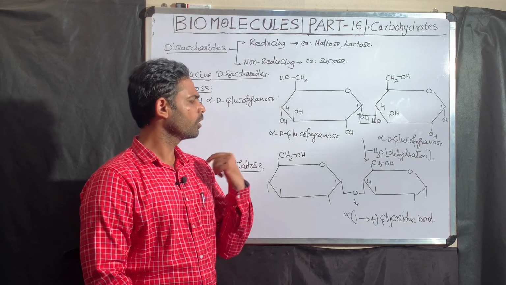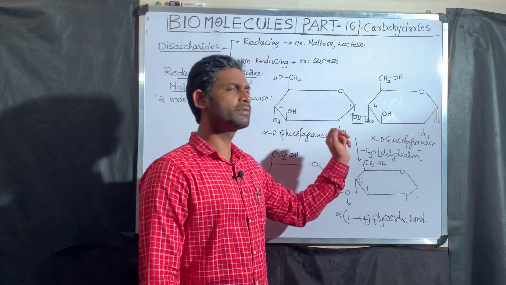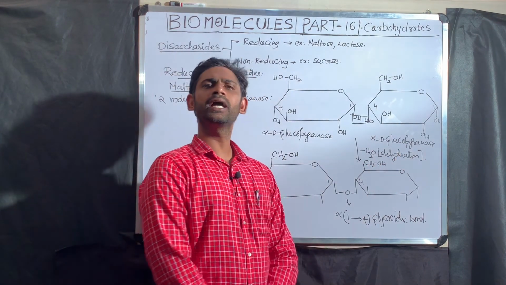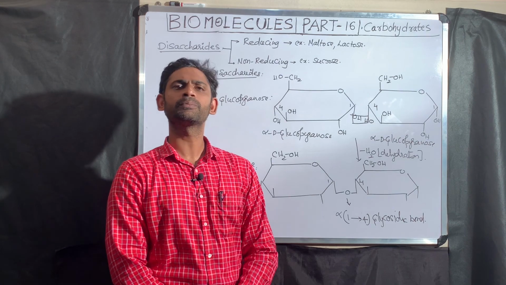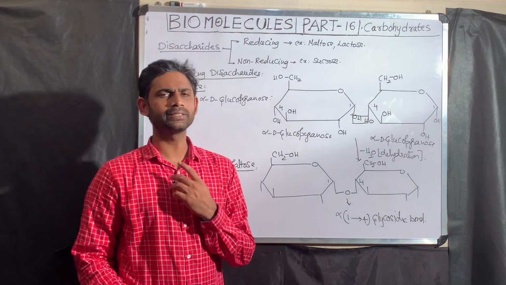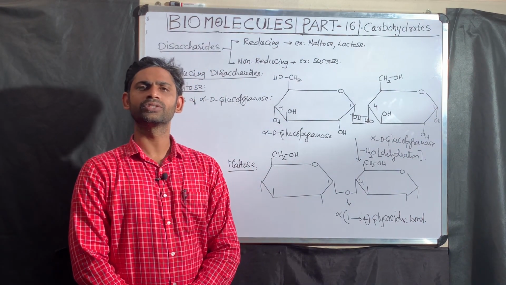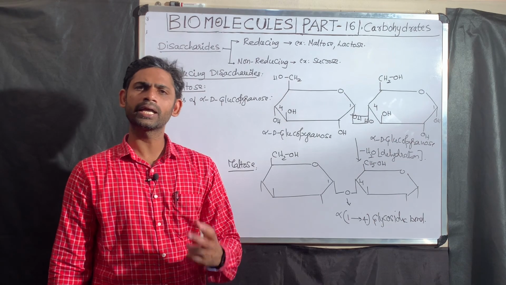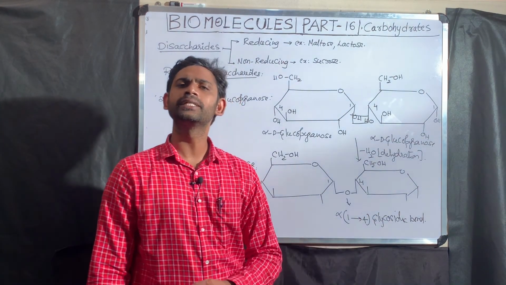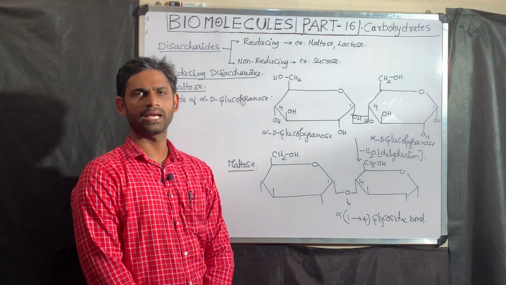So the disaccharide is formed as a result of dehydration. The product formed as a result of dehydration we have to call a residue. So what is the generalized definition of disaccharide? A disaccharide consists of two monosaccharide residues linked by one glycosidic bond.